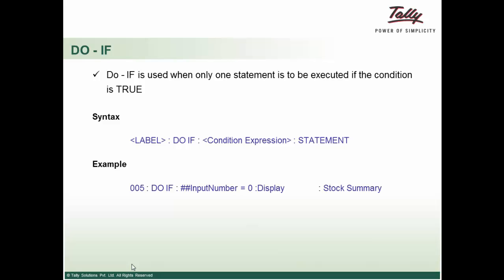So you can write it with an if and end if also, or you can write it with the do if criteria also. So it's label do if condition colon the action statement.